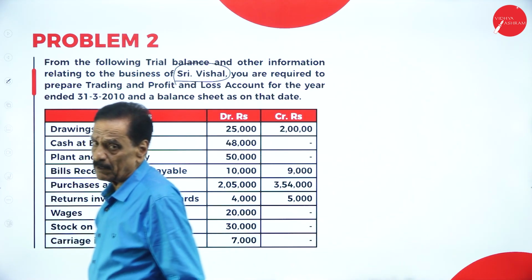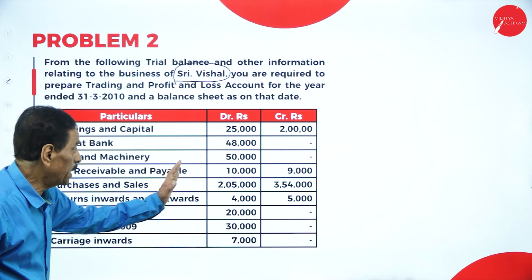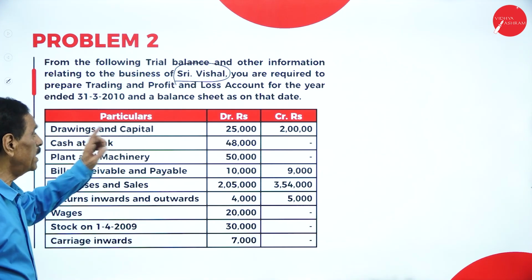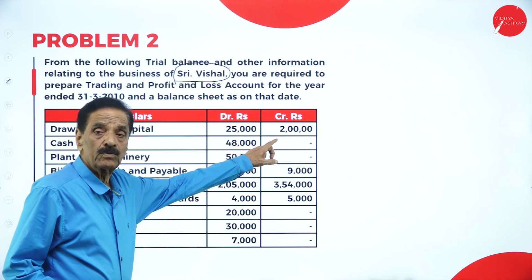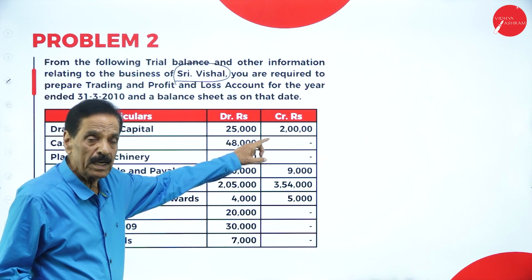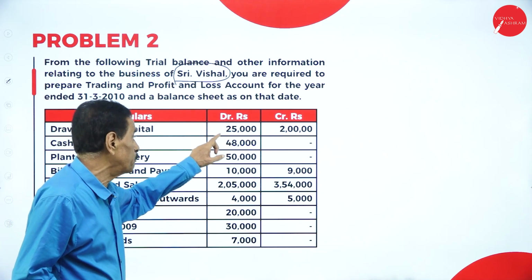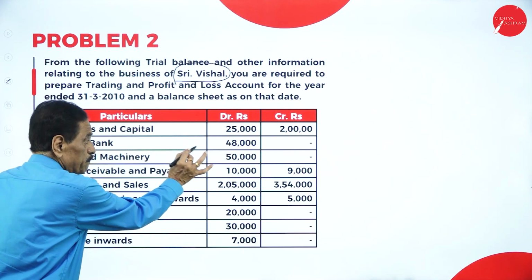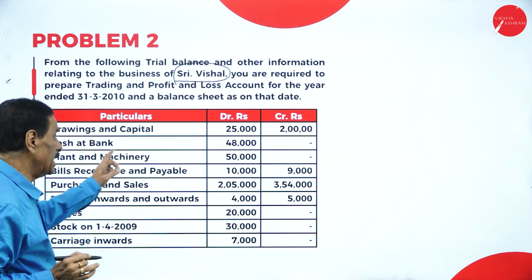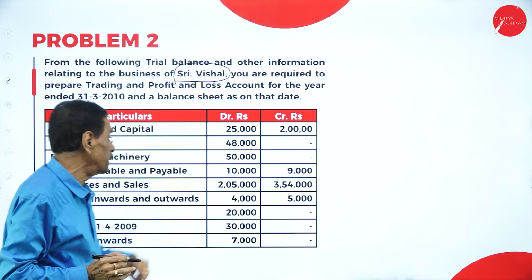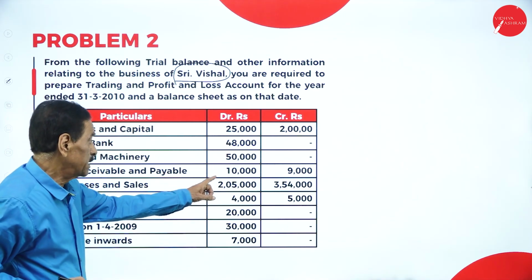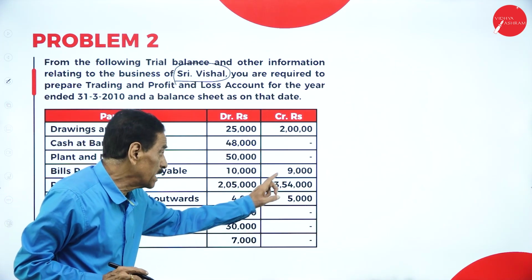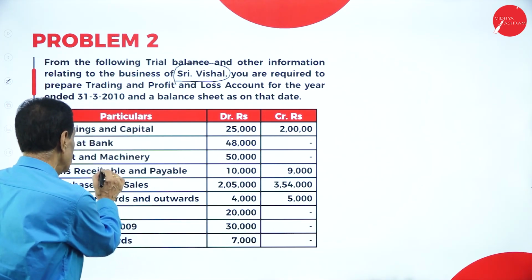They have given a trial balance, debit side, credit side. Drawings and capital: capital goes directly to the liability side of the balance sheet, and from the capital, drawings should be deducted. Cash at bank is an asset. Plant and machinery is an asset. Bills receivable and payable: 10,000 is an asset, 9,000 is a liability.